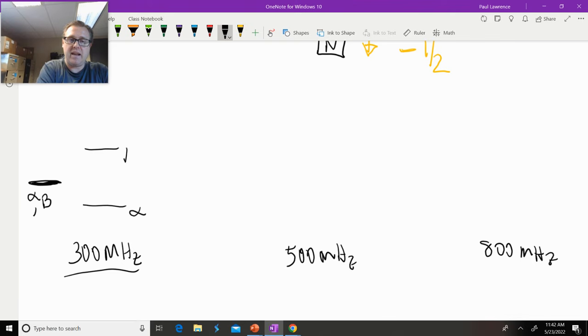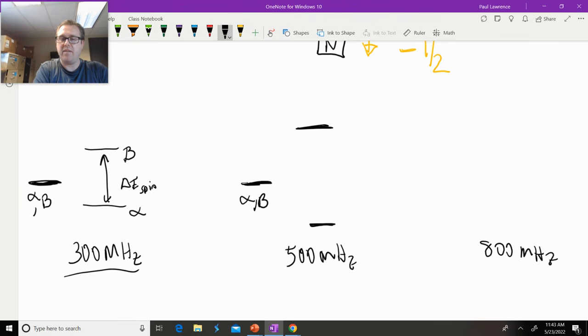So we have an alpha state and a beta state, and that distance right there is the change in energy of the spin. But if you use a stronger magnet, let's say the 500, here's our alpha, there's our beta, what happens? That gap right there gets larger. And then you can see if we get to the 800, then it's going to be even bigger, right? So that's the concept here.